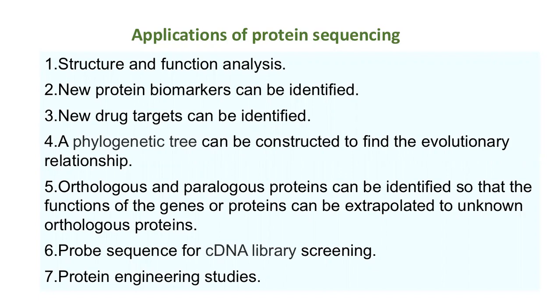Likewise, orthologous as well as paralogous proteins, whether they are sharing a similar ancestry or coming from different ancestors, all these things could be identified, so that functions of unknown genes or proteins could also be deduced from what we already know.